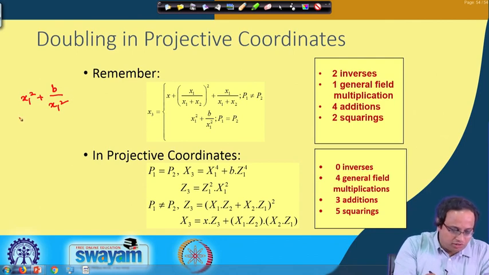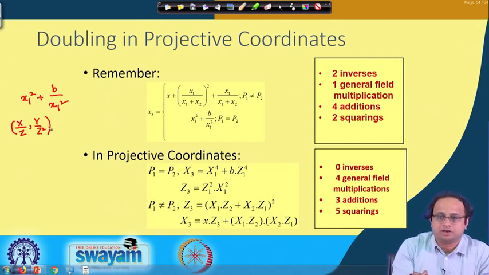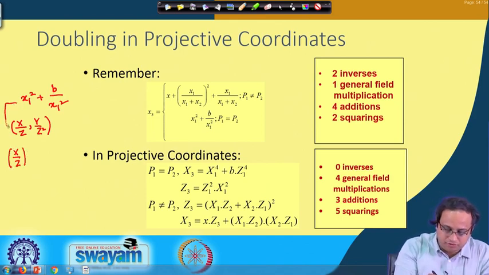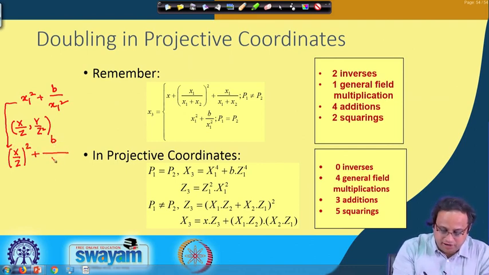Now, using the Lopez-Dehab representation, if I have a point x, y, z and I want to write that in the affine coordinates, then my representation is x by z and y by z square. If I plug this into this equation, I have x by z whole square plus b divided by x by z whole square.